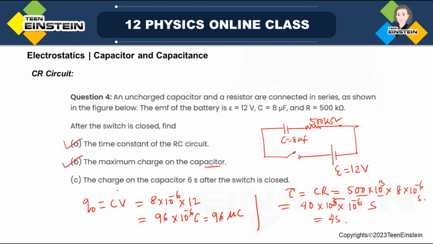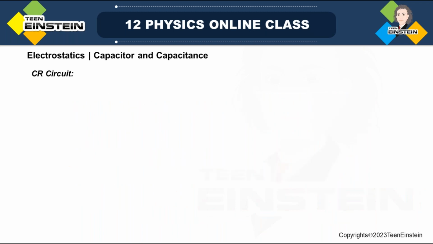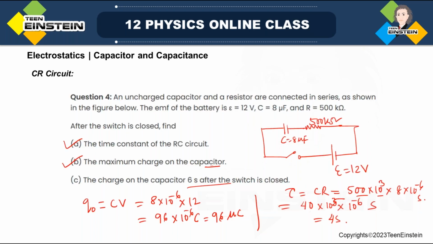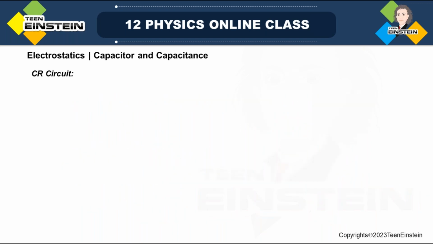Now the last part is the charge on the capacitor 6 seconds after the switch is closed. So at any instant of time we have to find out the charge. So here small t is actually 6 seconds.